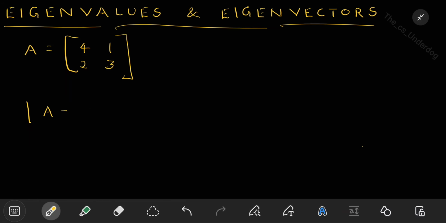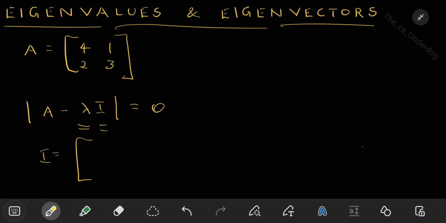What is lambda here? Lambda is the eigenvalue you are searching for. What is I? I is the identity matrix which has the same dimension as that of A.